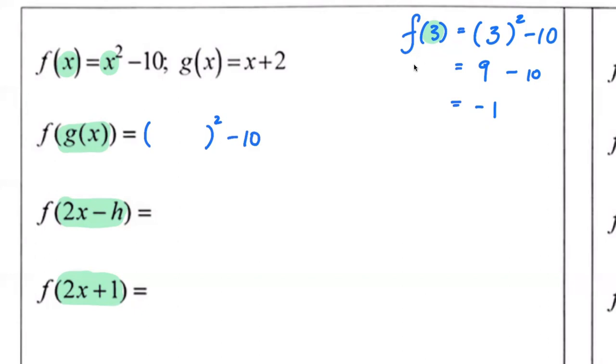It's x plus 2. Because of the equal sign right here, you can now replace g of x with x plus 2. This replacement can occur, and can only occur, because there is an equal sign telling us that g of x is equal to x plus 2. So you are more than welcome to substitute.